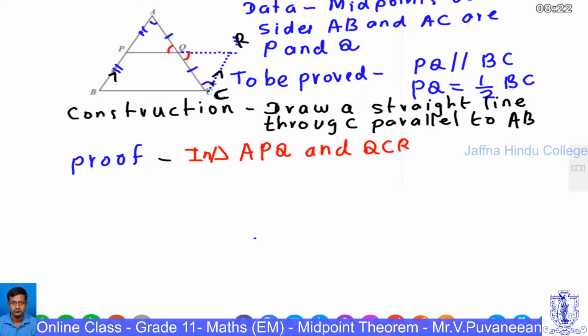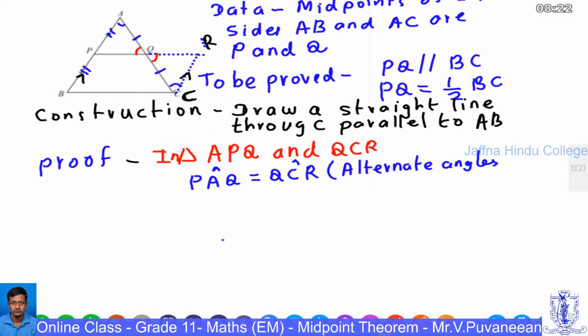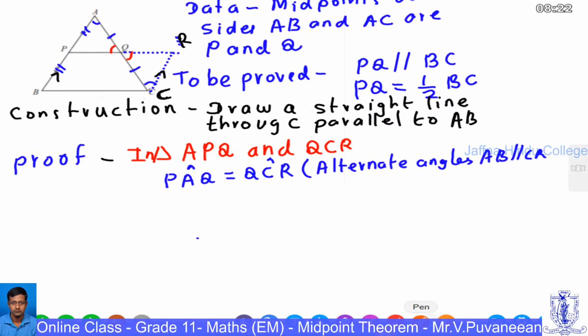First, angle PAQ equal angle QCR, alternate angles, AB parallel to CR. Like this.